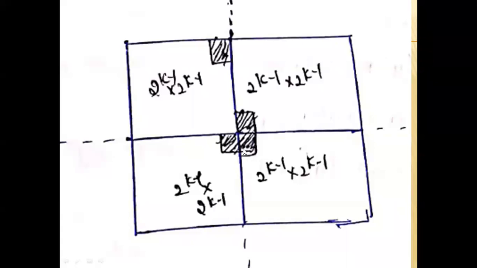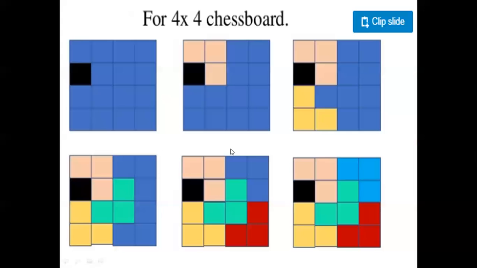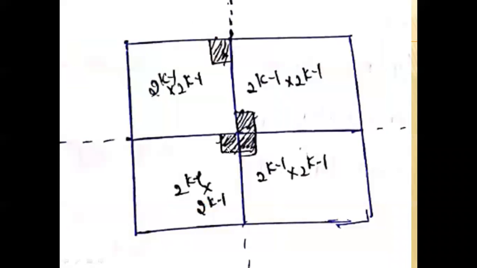The remaining three non-defective squares, in different chessboards, are covered with one triomino. The main concept is that the problem is divided into four sub-problems. Only one sub-problem has the defective square. The remaining three sub-problems have one square each, and those three squares are covered with one triomino.